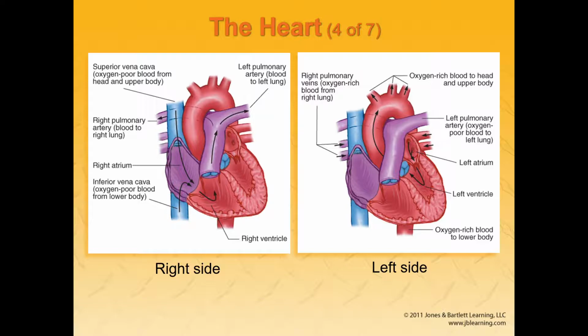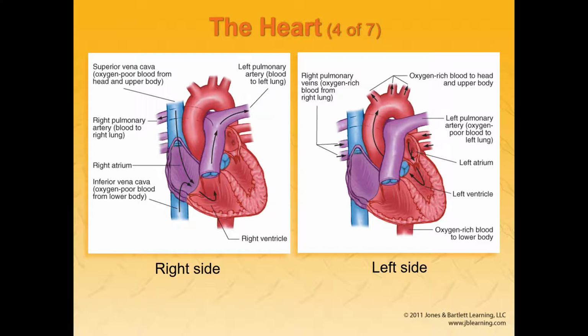So here's how we've been looking at this. Superior vena cava is going to drain the head and upper body. Inferior is going to do the entirety of the lower body, up into the right atria, down into the right ventricle, and then out through the pulmonary artery. That's going to take it to the lungs. Your pulmonary artery is the only artery that carries deoxygenated blood. Deoxygenated means without oxygen.